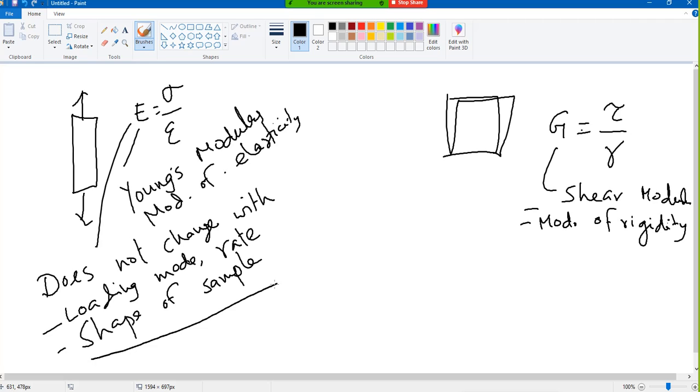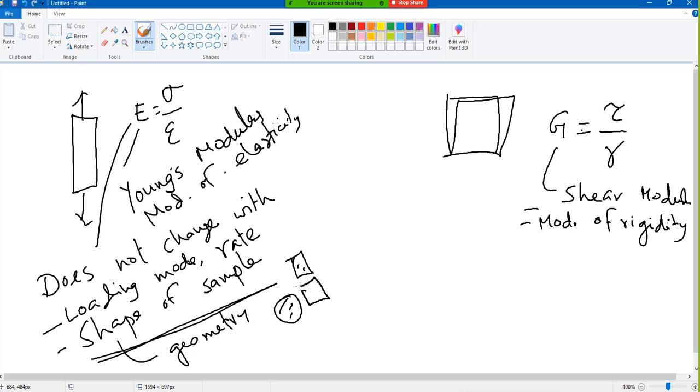This question is in your MCQ test. I forgot the exact question, but the meaning is this: the modulus doesn't change with loading mode, loading rate, and shape of the sample. In your question, it may say geometry. The same thing: it can be a rod, it can be square, it can become a rectangle, no problem.